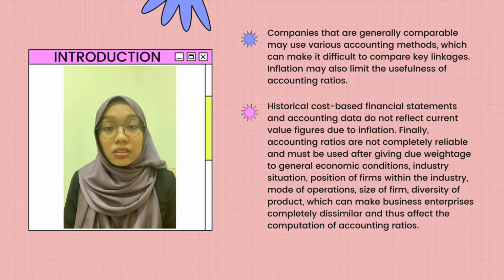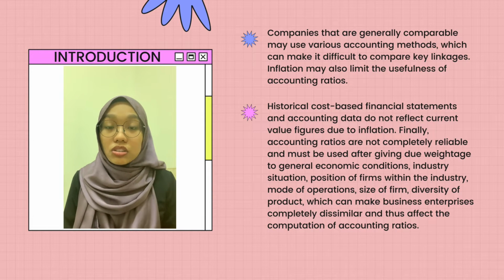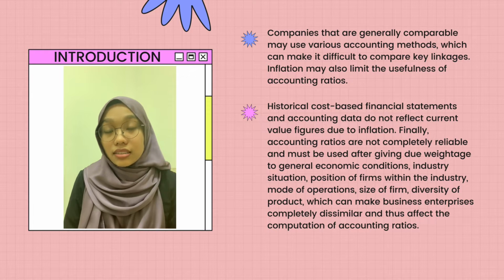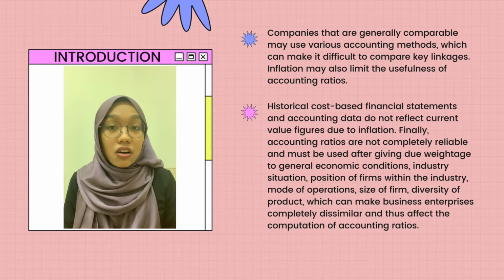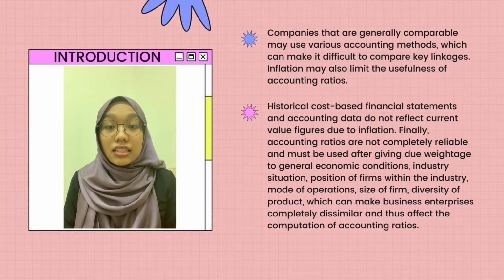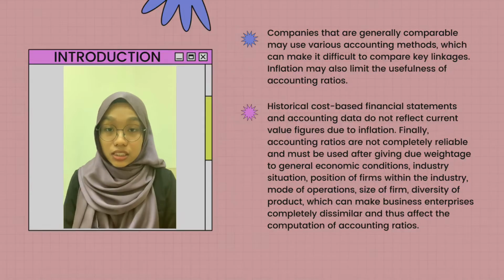Finally, accounting ratios are not completely reliable and must be used after giving due weightage to general economic conditions, industry situation, position of firms within the industry, mode of operation, size of firm, and diversity of product, which can make business enterprises completely dissimilar and thus affect the computation of accounting ratios.